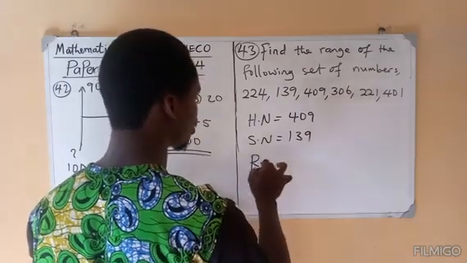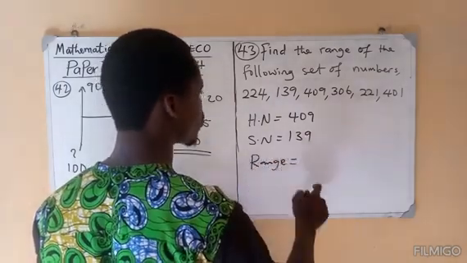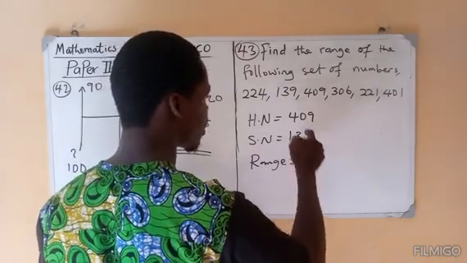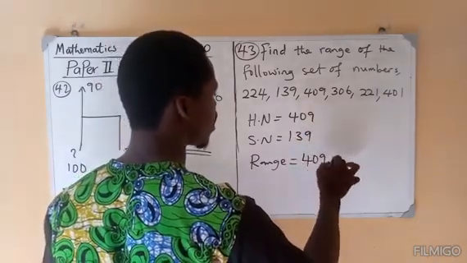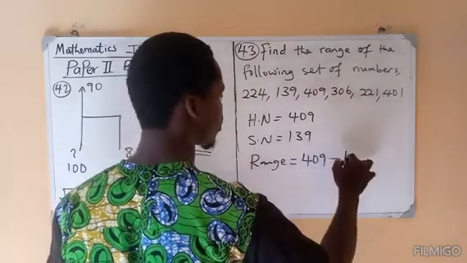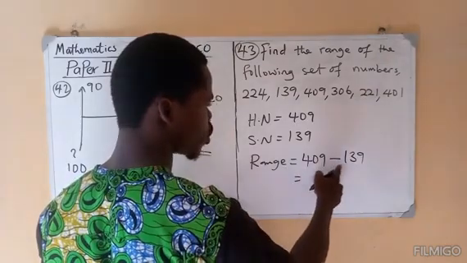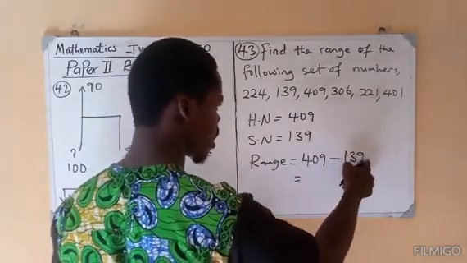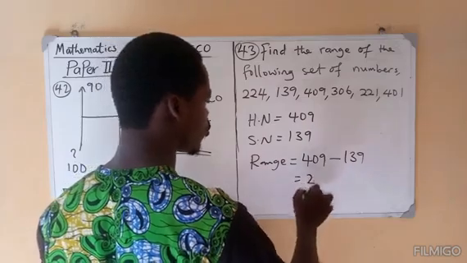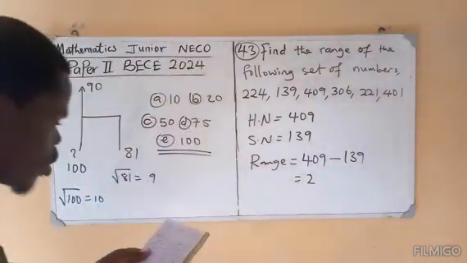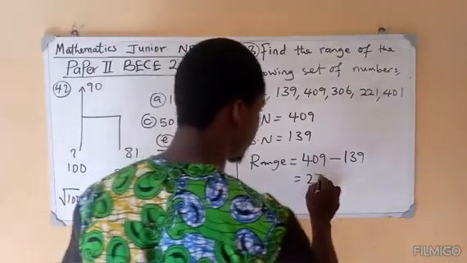So range is equal to the largest number, which is 409, minus the lowest number, 139, and that will give us 270.